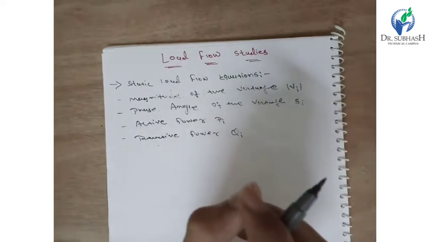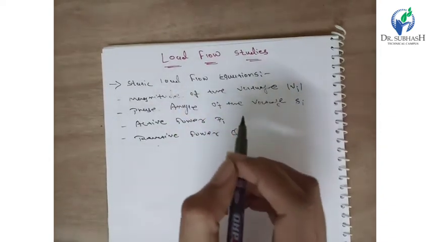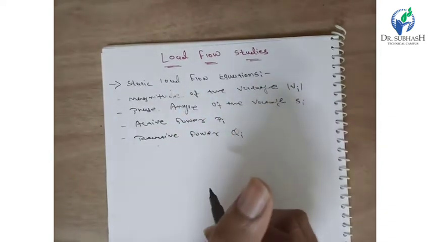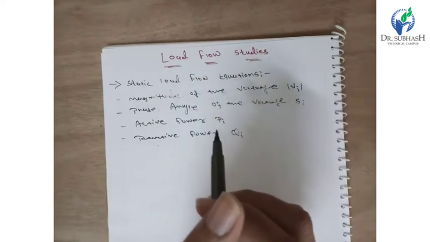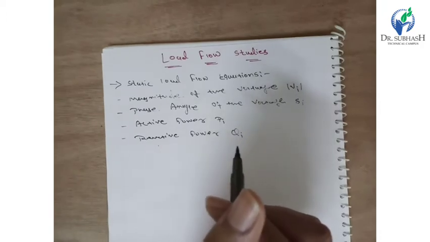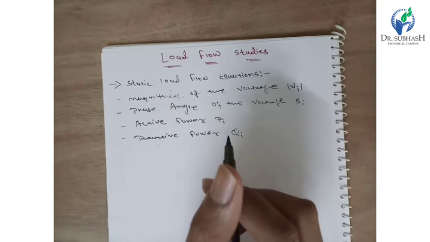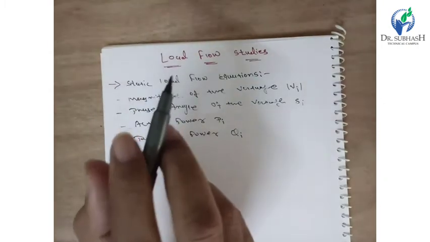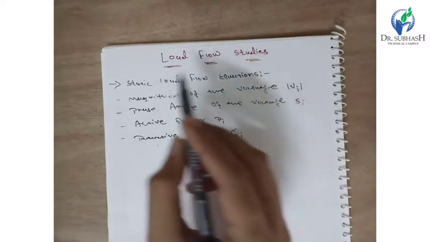The load flow problem can be solved with the help of the load flow equation, the static load flow equation. Now we know the bus admittance matrix, which we studied in the last chapter. Here is the bus admittance matrix Y bus of a 3 bus power system for load flow studies.